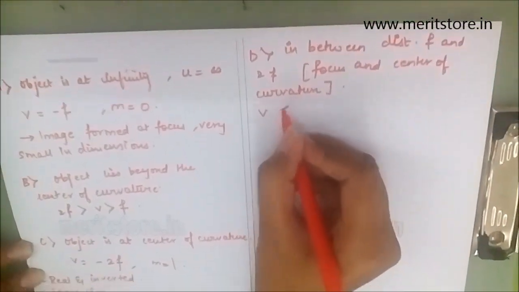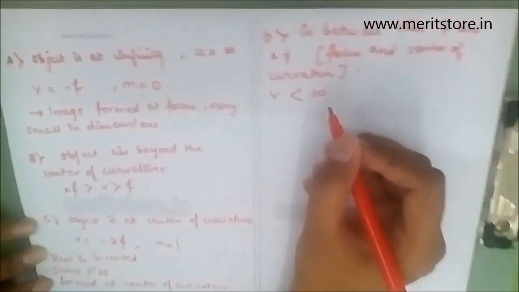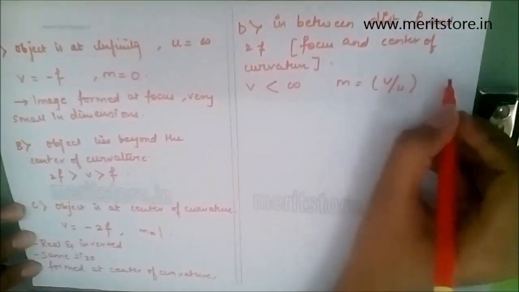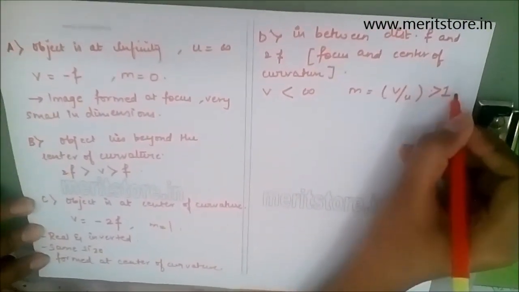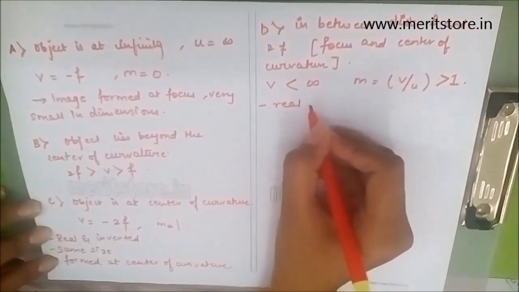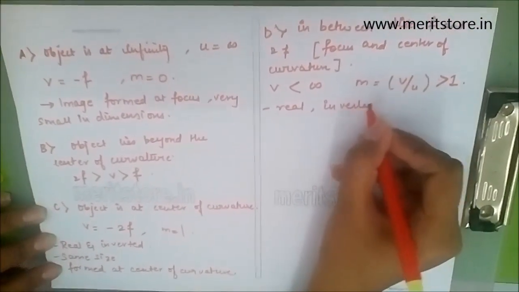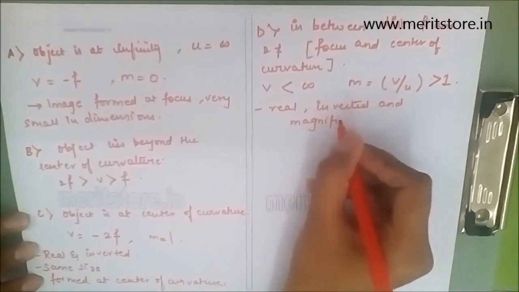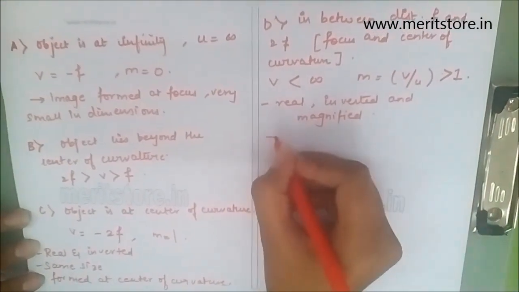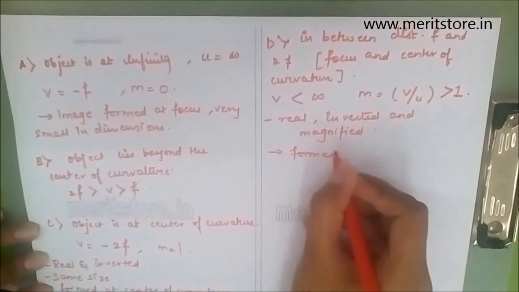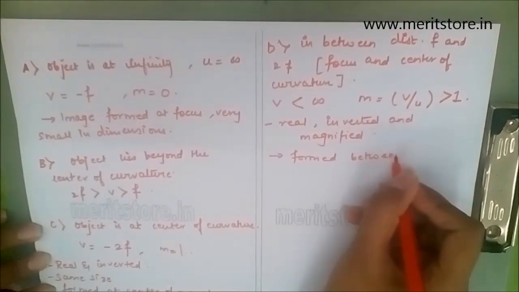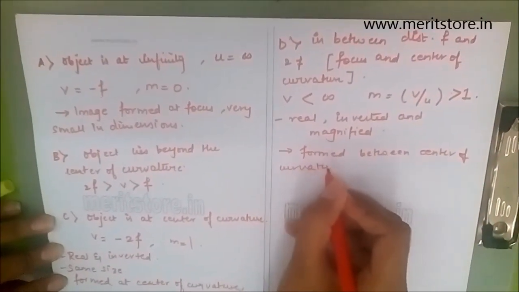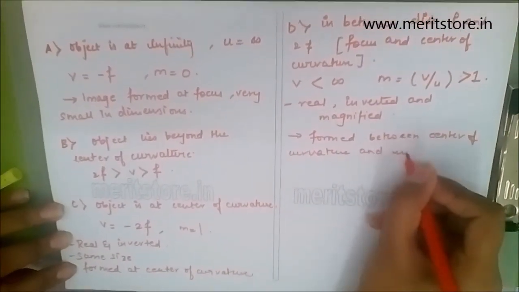Here v is smaller than infinity and m is given as v divided by u, which is greater than 1. Here the image formed is real, inverted and magnified. It is formed between the center of curvature and infinity.